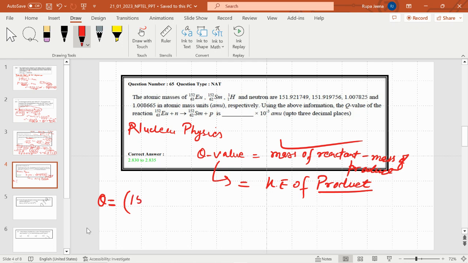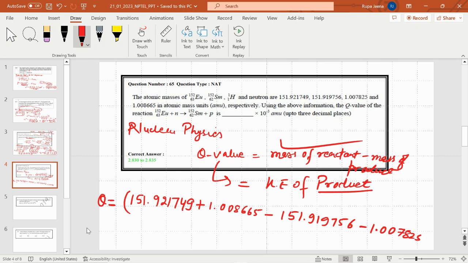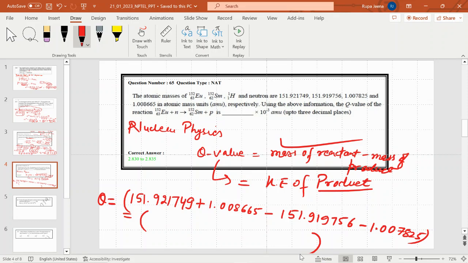This is 151.921749 plus neutron mass is 1.008665 minus 151.919756 minus 1.007825. Let me do some calculation, huh? Wait.